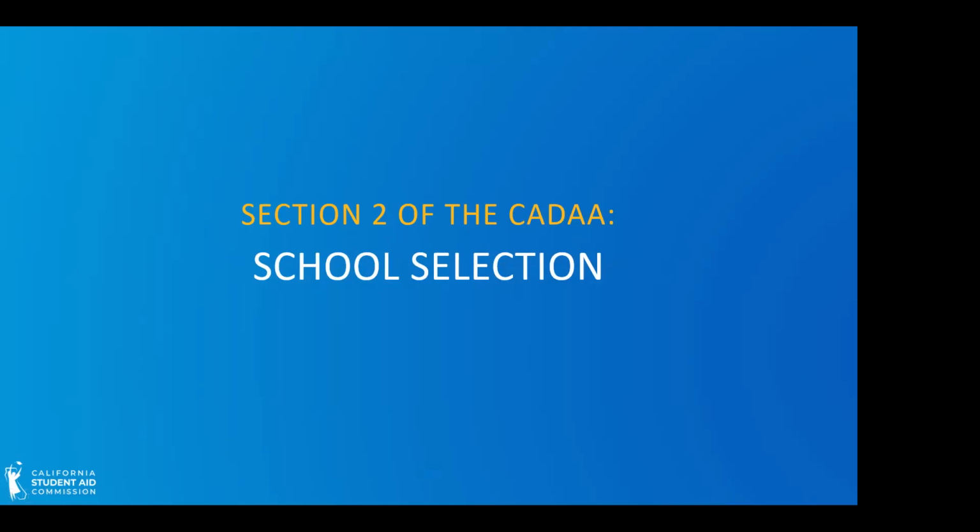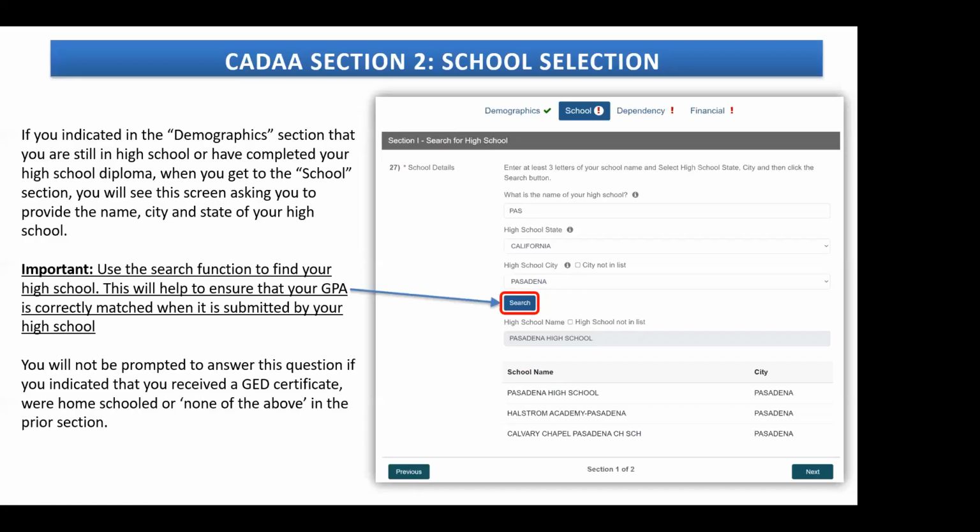Section 2, the school selection. In this section, students are going to choose first of all, the name of the high school that they attended, and then we'll talk about the college selection. If the student indicated that they were still in high school or already graduated, got a high school diploma, then the online application is going to ask the name of the high school that the student attended.